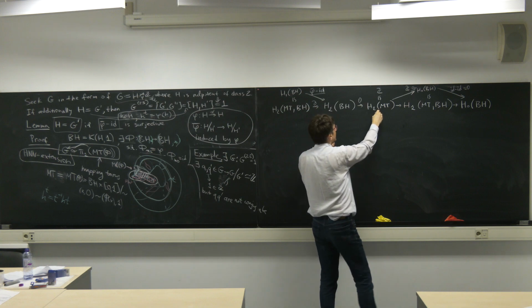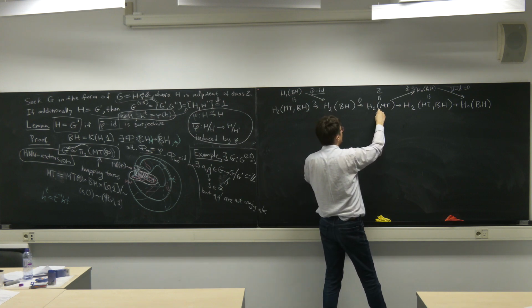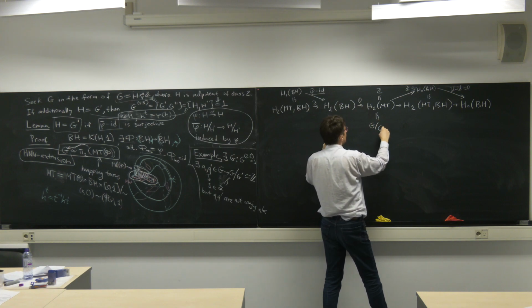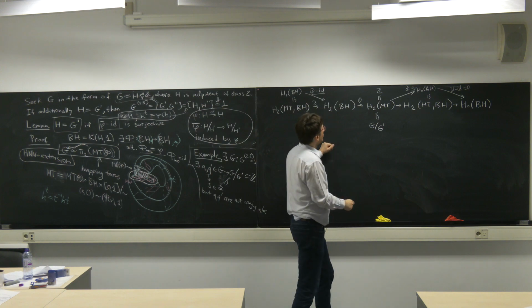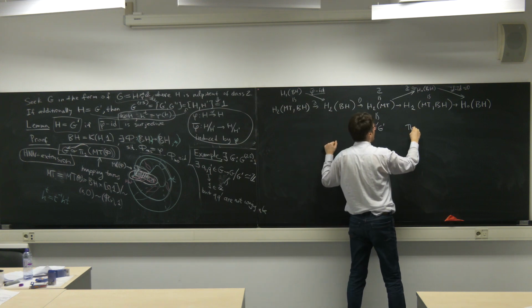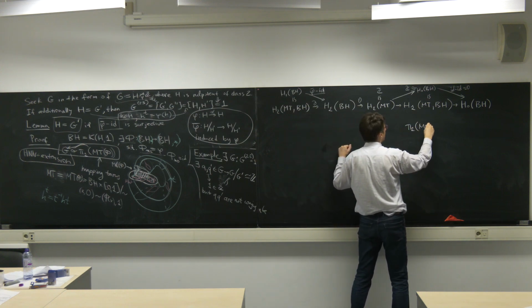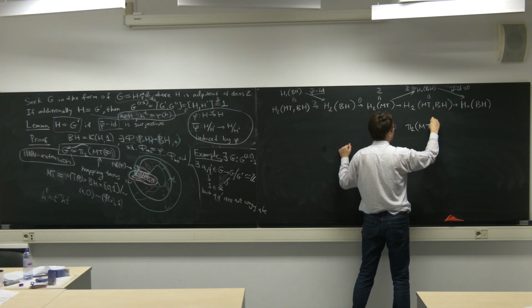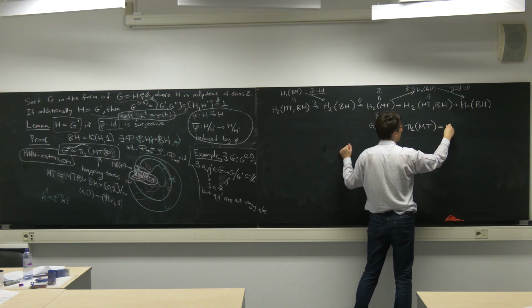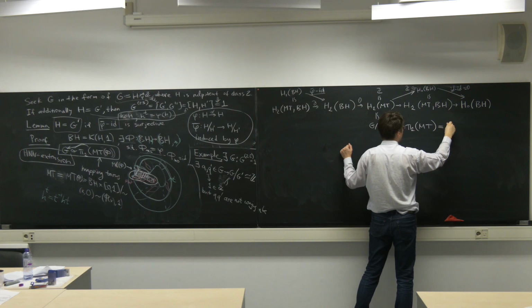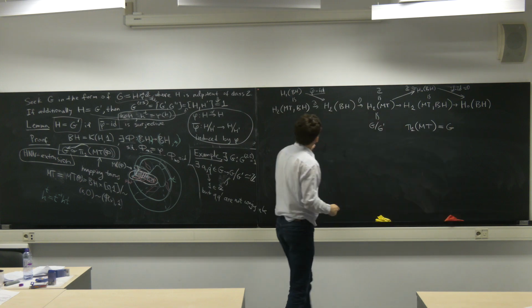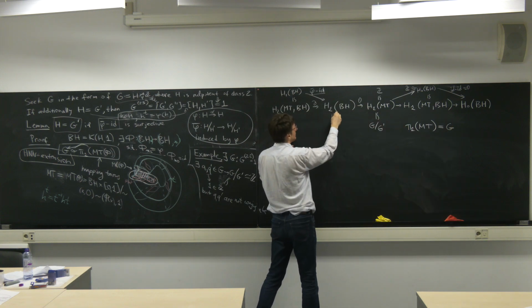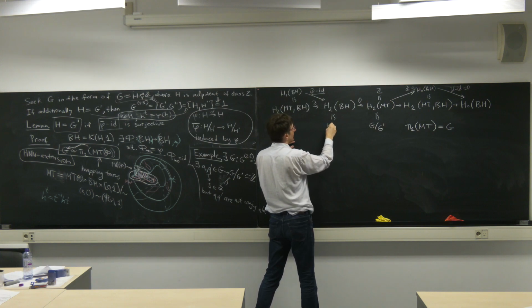And H1 of MT is the abelianization of G, because pi 1 of MT is G. And this is the abelianization of H.